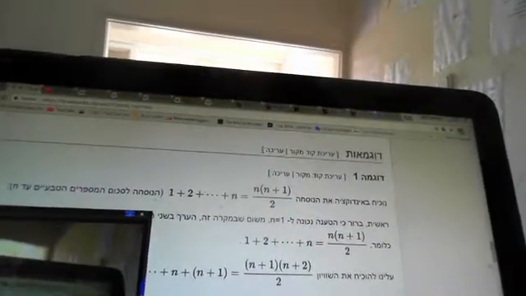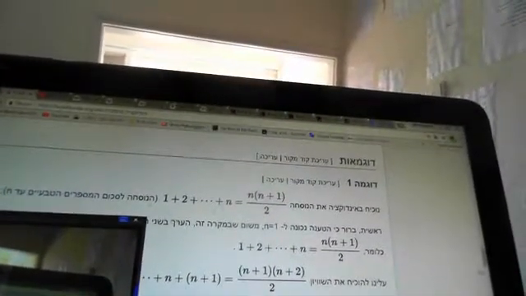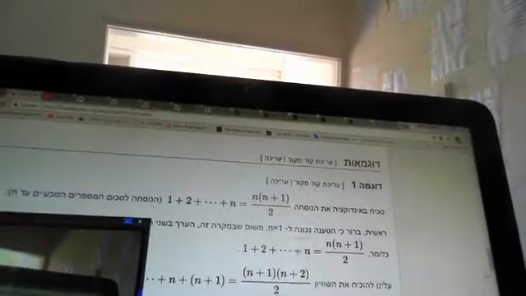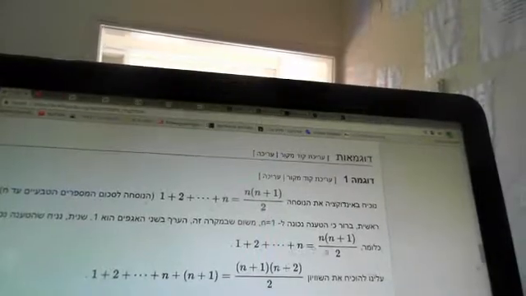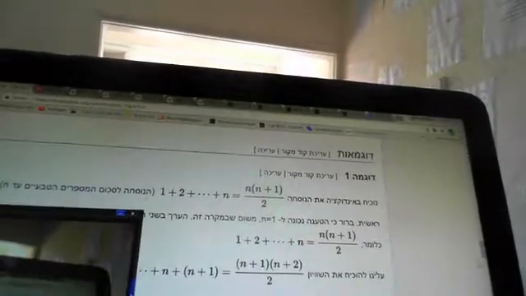will be that we assume that this equation is true.